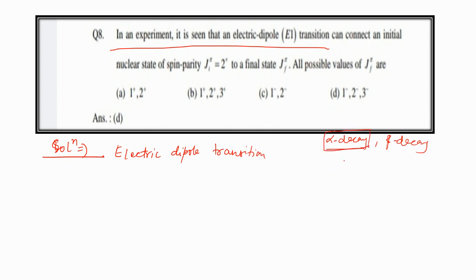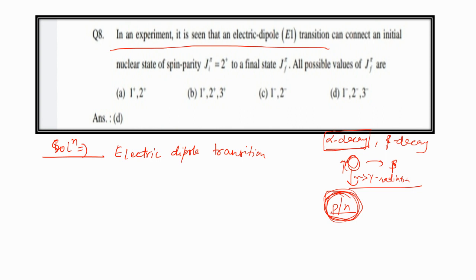After alpha decay, the nucleus will be in an excited state, and the same goes for beta decay. If it wants to come to the ground state, it will emit gamma radiation, right? And your nucleus is charged because it contains protons and neutrons, right?